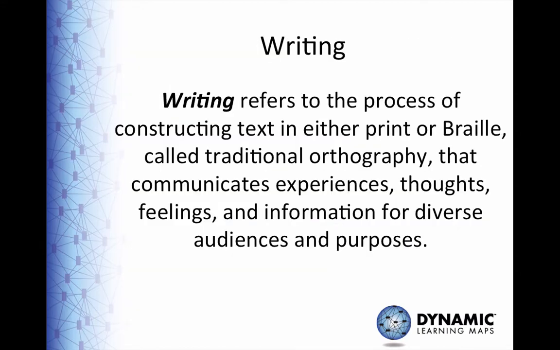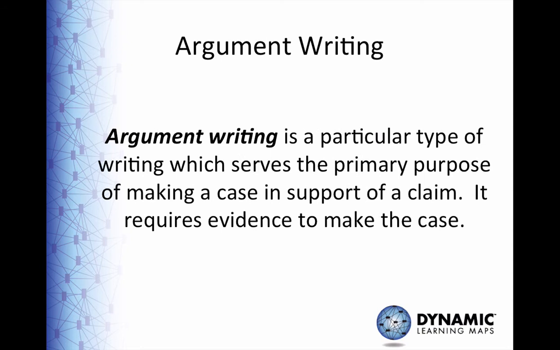In an earlier module, writing was defined as the process of constructing texts in either print or braille, called traditional orthography, that communicates experiences, thoughts, feelings, and information for diverse audiences and purposes. Argument writing represents a particular type of writing.